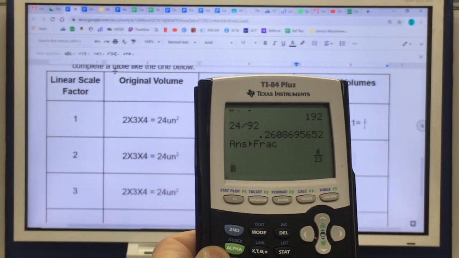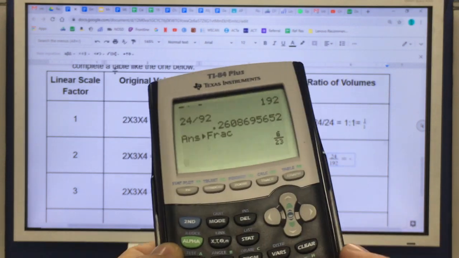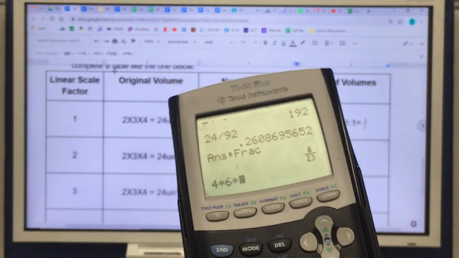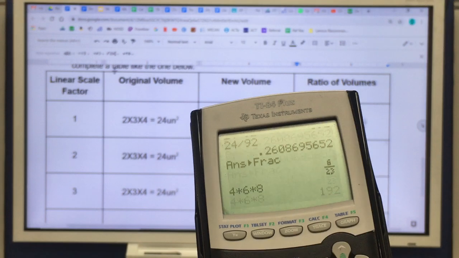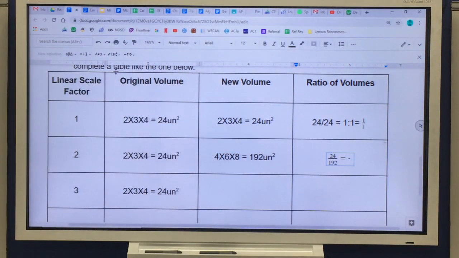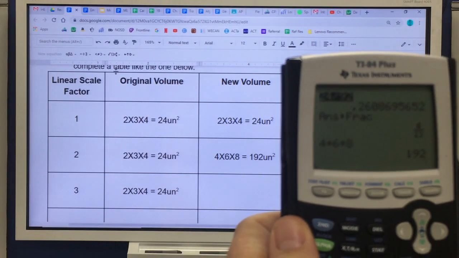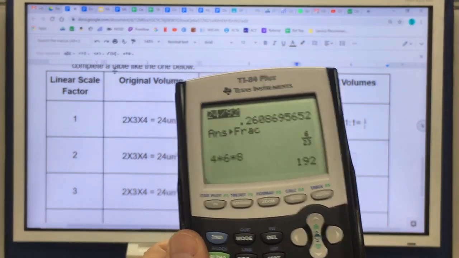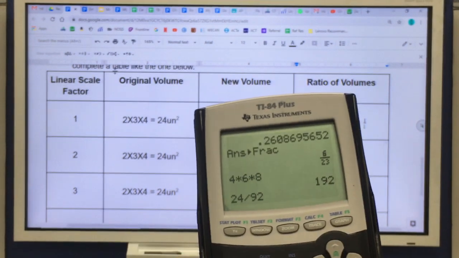Well, that's kind of kooky. I don't know why it's 6 over 23. I feel like I typed something in wrong. Yep, that's what I did wrong. It's supposed to be 24 over 192.